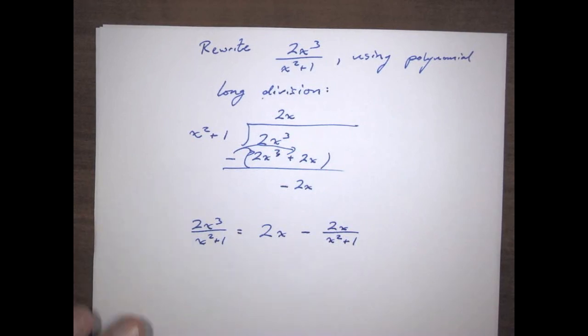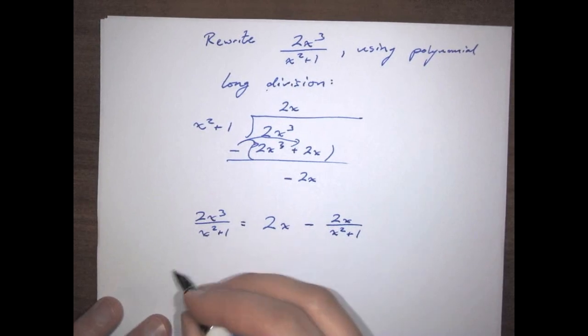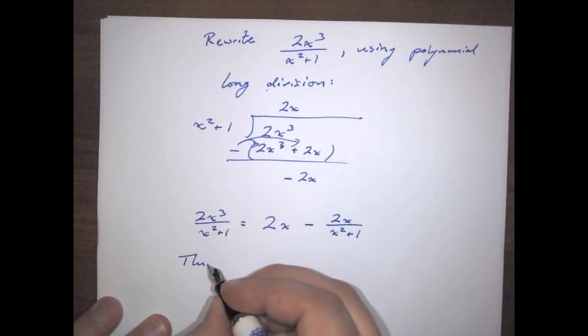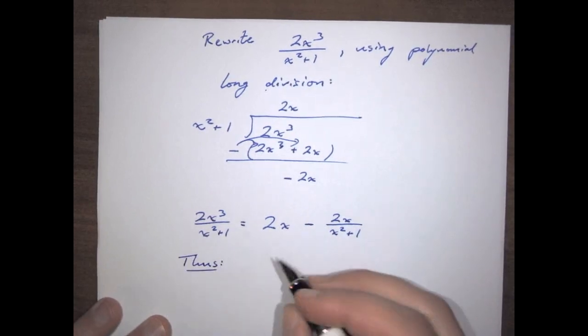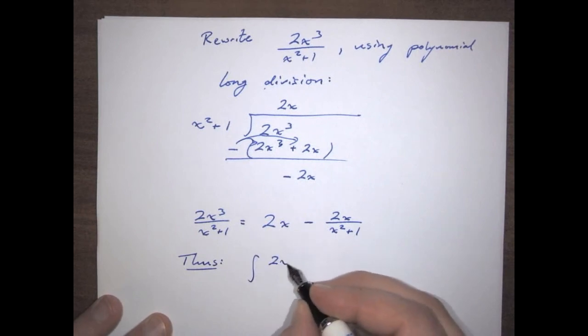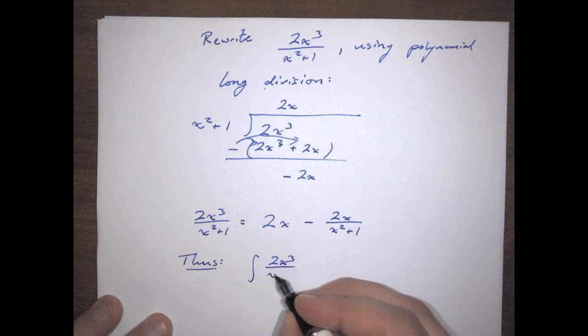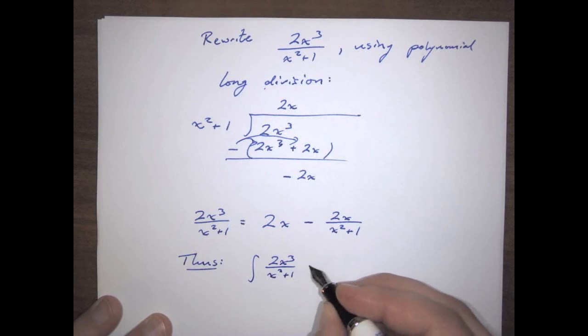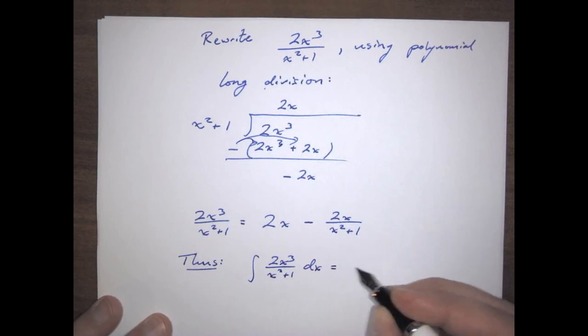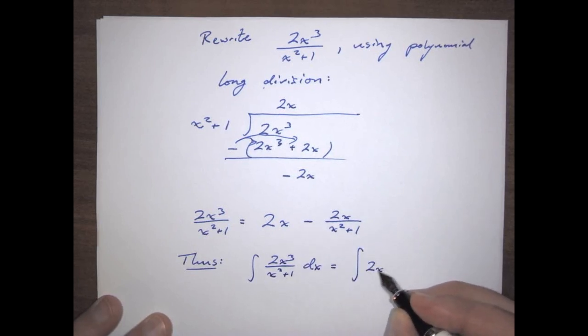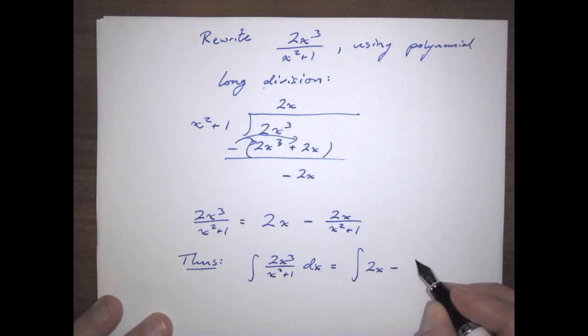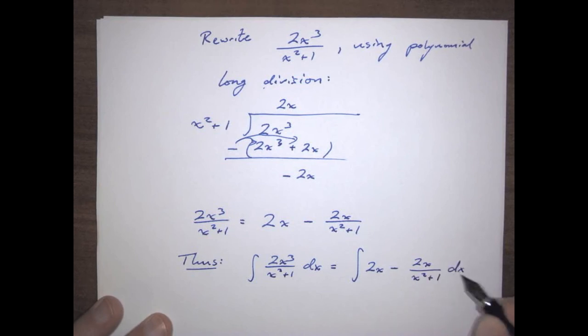And then what that means is that the integral, thus, the integral 2x cubed over x squared plus 1 dx is going to be the integral 2x minus the 2x over x squared plus 1 dx.